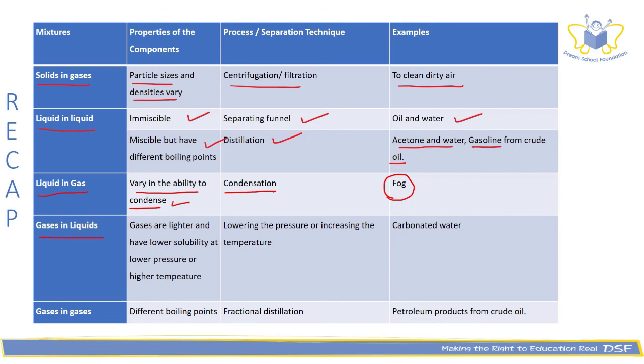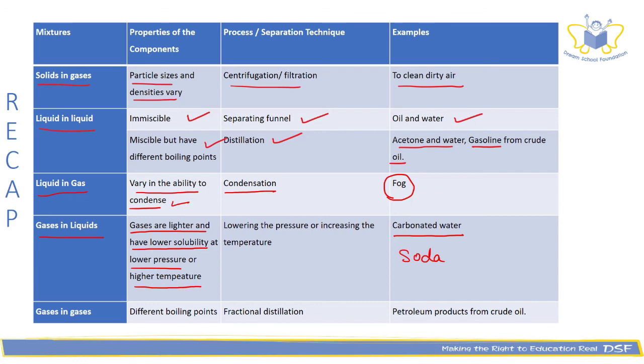Next is gases in liquids. The best example is carbonated water, soda, or soft drinks that you drink. So in there, the gases are lighter and have lower solubility at lower pressure or higher temperature. That just means that if you need to have carbon dioxide dissolved in water, pressure needs to be applied, right?